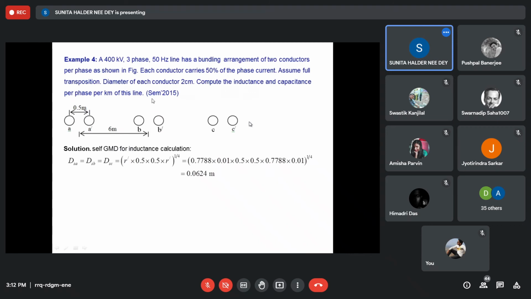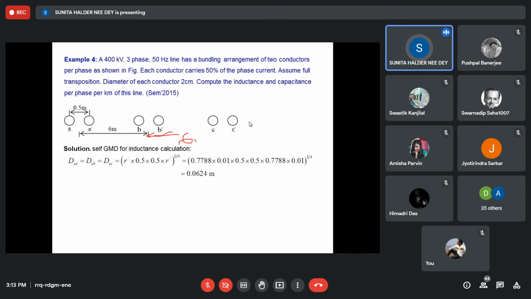It has come in semester 2015. Now it is given that, as you can see, between the intermediate points of A dash and B dash the distance is 6 meter, and nothing is mentioned between B and C. That means that here also the distance is 6 meter, otherwise it would be mentioned, right?